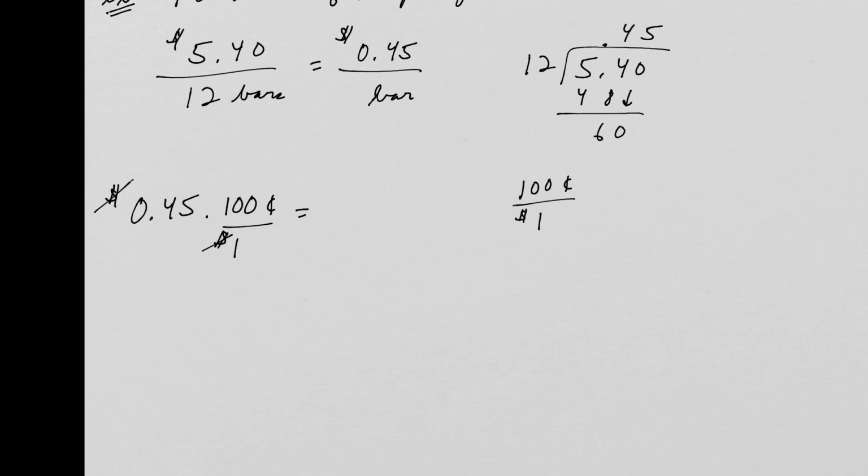But what's 0.45 times 100? Remember, times 100, right, power of 10. I just moved the decimal place 2 places to the right, right? So this would be 45 cents. So another way of writing this right here, it's 45 cents per bar of soap.